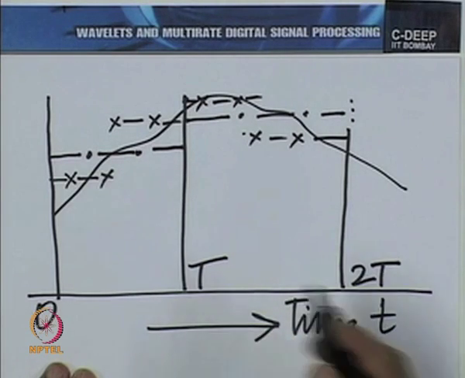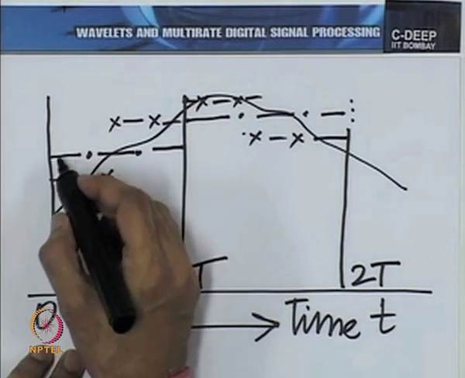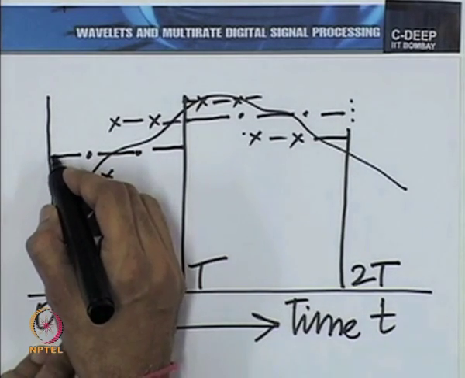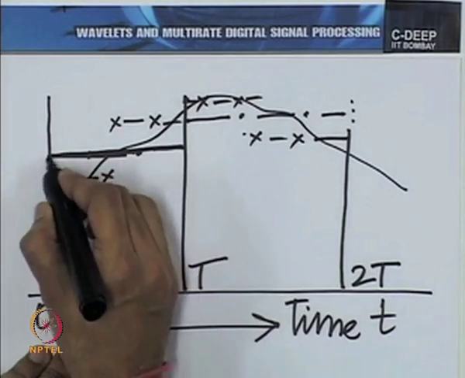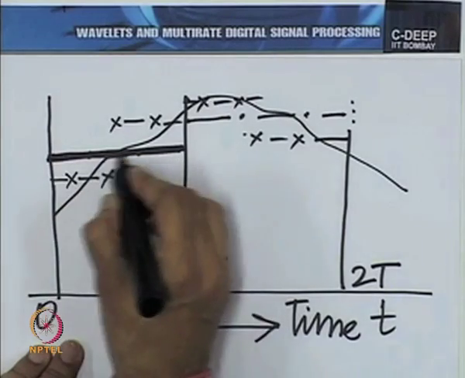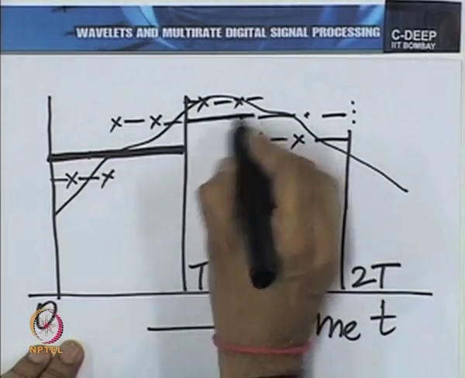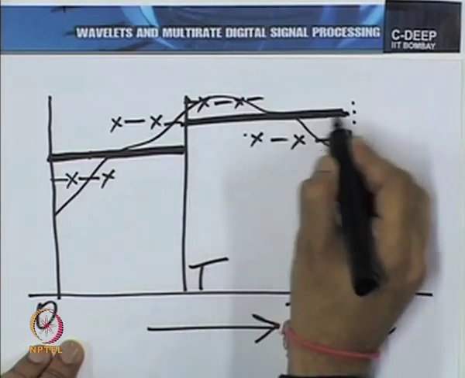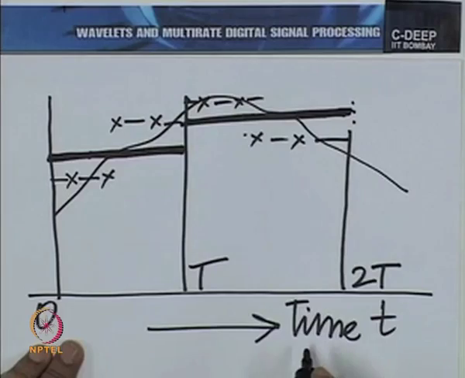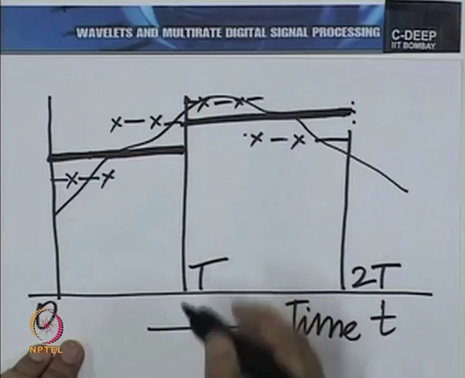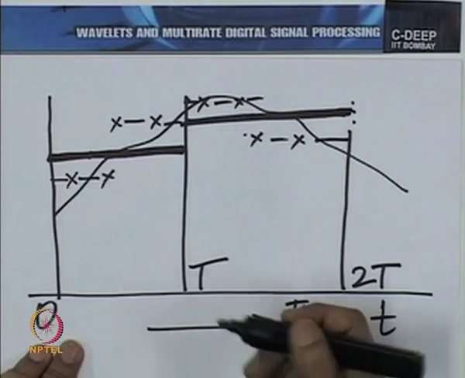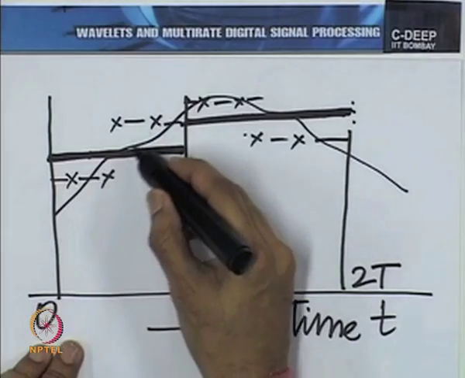Now, this is a function. So, let me highlight it. Now, let me darken it. This is in its own right a piecewise constant function, the one which I have darkened here. And the darkened part is in its own right an approximation to the original function here.